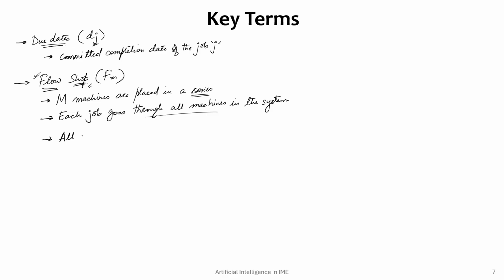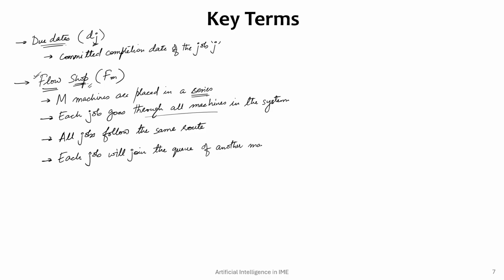Now all jobs follow the same route. Each job will join the queue of another machine placed in sequence.